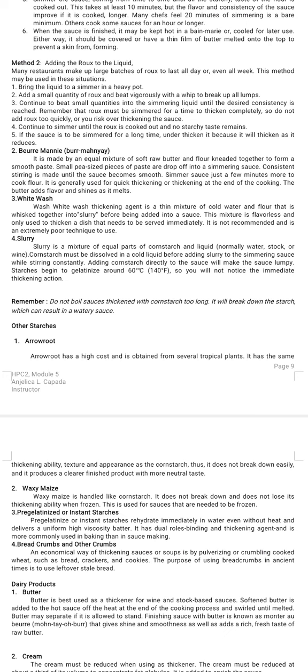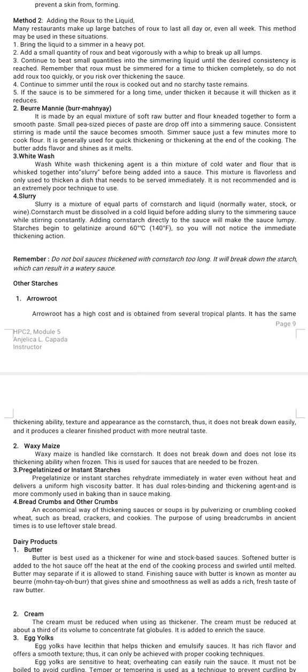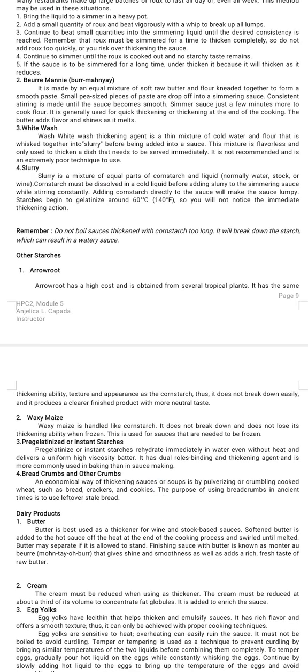Method 2. Adding the roux to the liquid. Many restaurants make up large batches of roux to last all day or even all week. First, bring the liquid to a simmer in a heavy pot. Second, add a small quantity of roux and beat vigorously with a whip to break up all lumps.